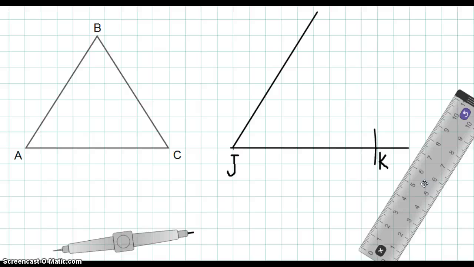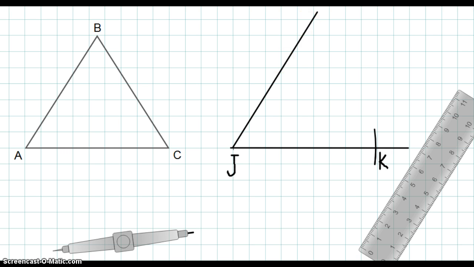And what I was about to say earlier is that this line extending from point J, it doesn't matter what length it is, because our focus right now was to make sure angle J was 63 degrees. So this length, we didn't really have to worry about it.